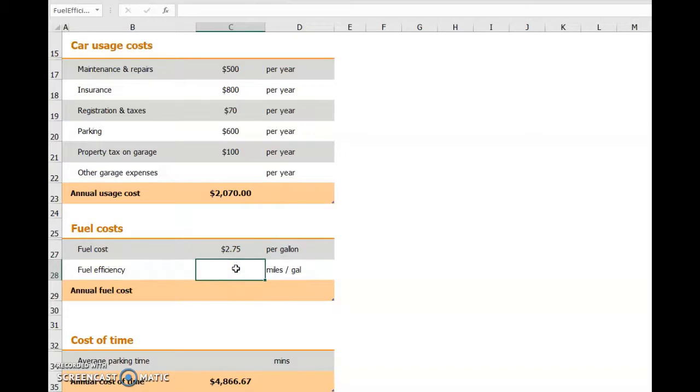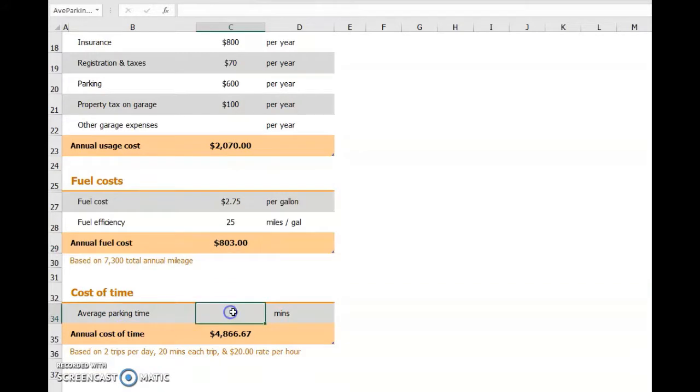So do you drive a Hummer or do you drive a Honda Civic? That really makes a difference. So let's just take the average, 25 miles per gallon. And you can't see all of the calculations, but I have formulas, and I will share this spreadsheet with you so you can use it at a later date, or even take it with you when you go to the dealership.